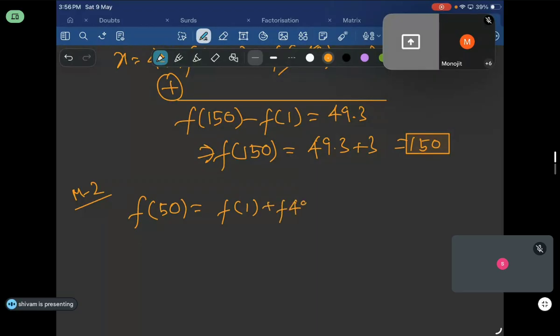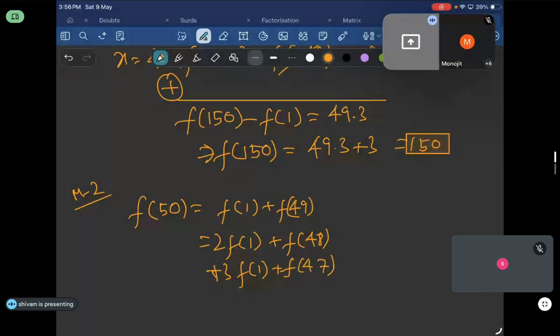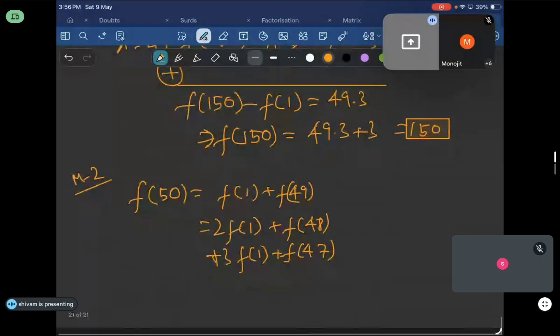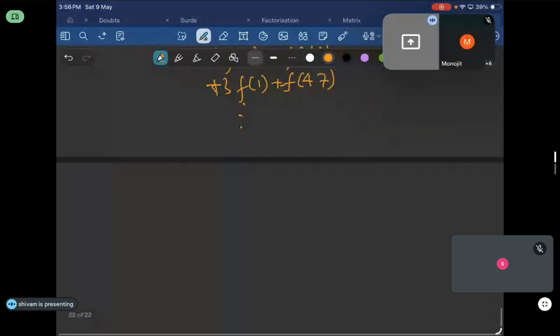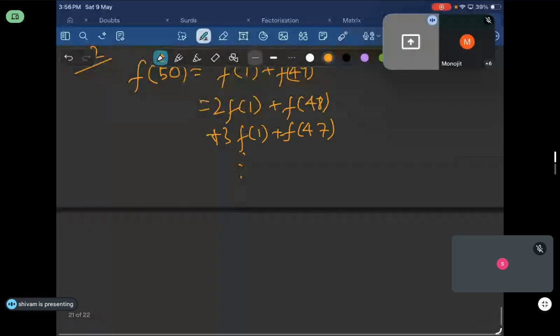Then f of 49 is f of 1 plus f of 48. So it will become 2 into f of 1 plus f of 48. Then plus 3 into f of 1 plus f of 47. Like this you keep on going. Are you people getting this one also? This is another method. Lastly, you will get 49 into f of 1 plus f of 1. Tell me, anyone having any doubt, you can ask me. Are you getting?